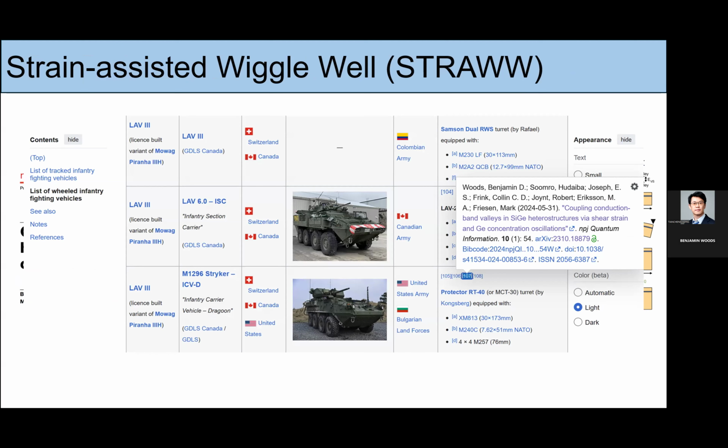Indeed, you see at 107, this is our paper being cited for some infantry carrier vehicle dragoon. So apparently this tank has to worry about Valley splitting as well. I really want to know the person that got this mixed up and how this interest overlaps. But anyway, I'll probably never get to the bottom of that, that's just some fun. So we'll be talking about tanks for the rest of today.